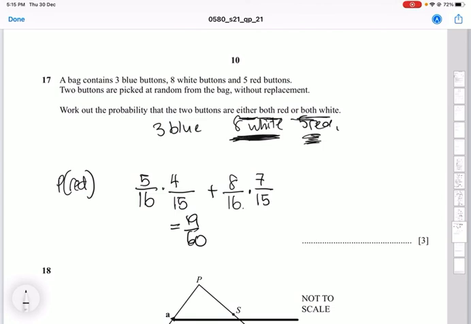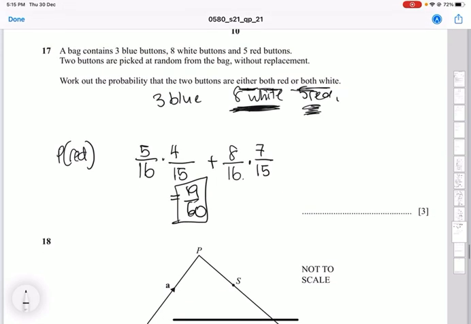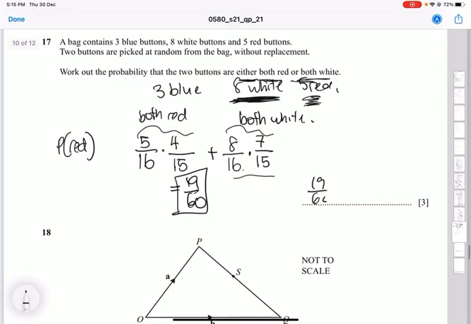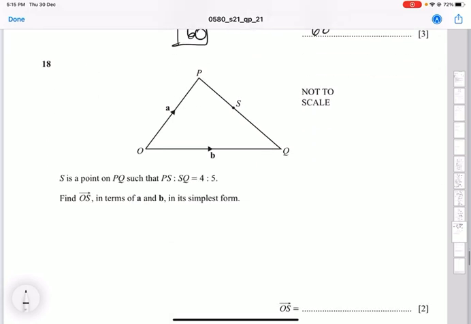Yep, 19 over 60. So that's your answer right now. Okay, hopefully that makes sense. So this is for the white buttons, and this is both red, this is both white. Okay, so it gives you 19 out of 60. That's your answer right now.